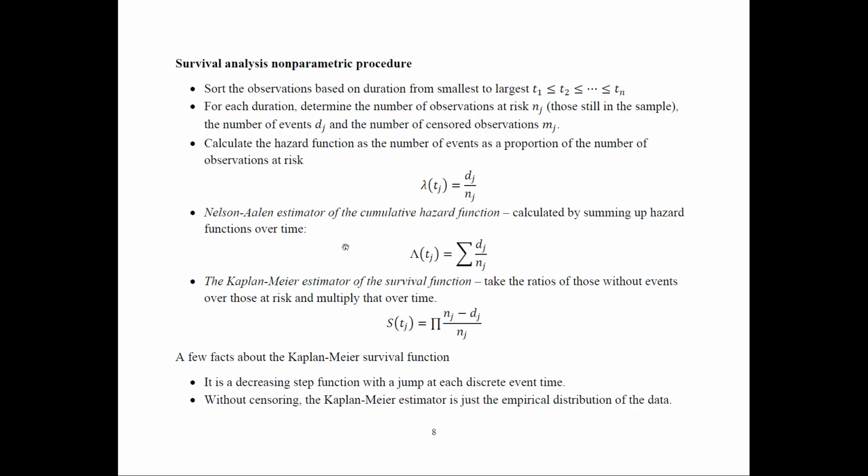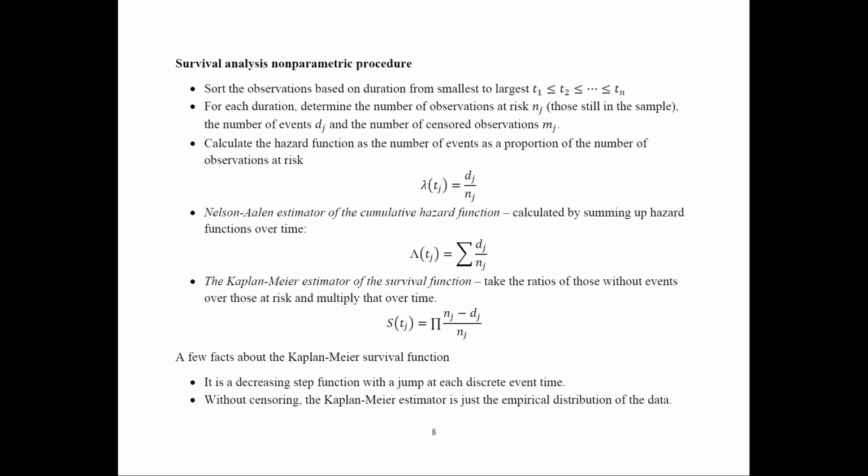For the Nelson-Aalen estimator of the cumulative hazard function, we're just summing up those hazard rates over time. And the Kaplan-Meier estimator of the survival function is the product of everyone who's in the sample minus those that have the events, divided by all of them, and you're multiplying those over time.